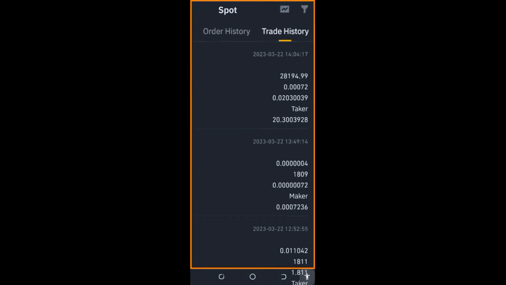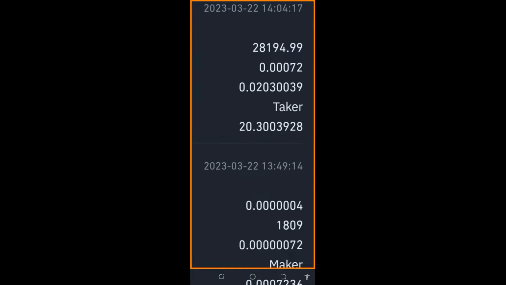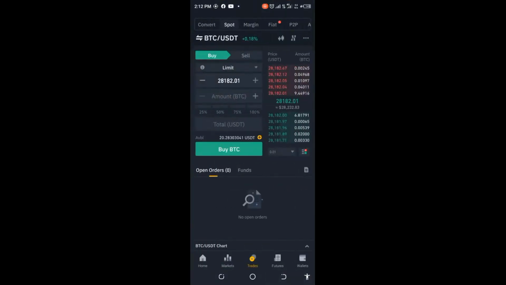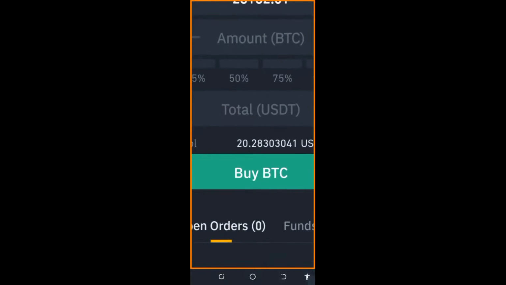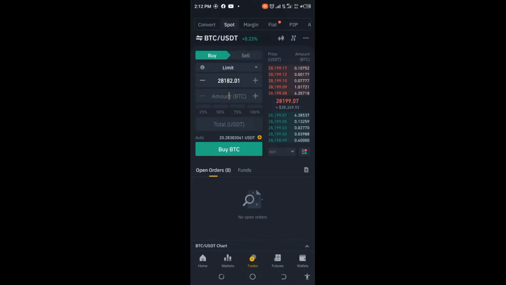That's the reason why. So the entire amount, as you can see here, the total USDT plus the fee was 20.30. But when they took out their 2 cents, that's why what we have here is 20.28. So just remember that the fees were taken out.